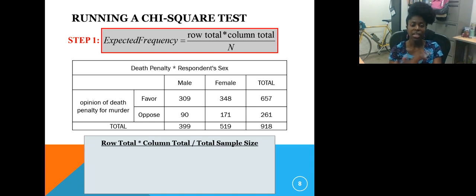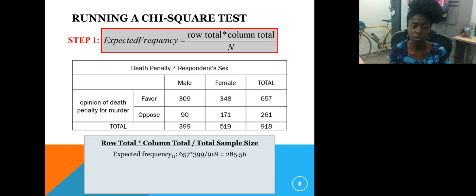All right, so we have that. Now we can go in and calculate what our expected frequencies would have been for a male who favored, a female who favored, based on the proportions from our row and column totals, okay? So first one, the expected frequency for that 309: it would have been the total at the end of the row times the total at the end of the column divided by N, right?